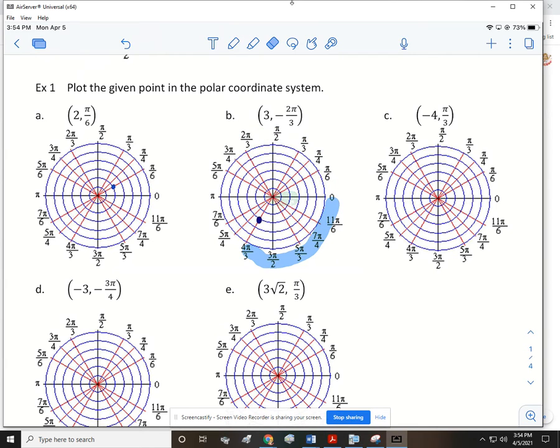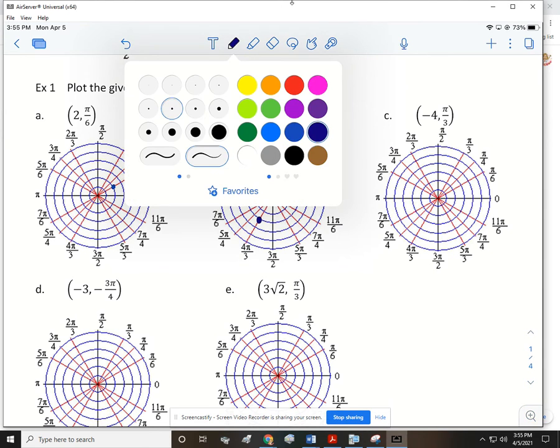Now, some people see that right away and don't have a problem with it. Some people get a little confused. So you can still, like you counted on the rectangles, you can still count on the circles. And so to rotate from 0 to 2 pi over 3, that's 1, 2, 3, 4, 5 lines. And so that's the same thing we would do here.